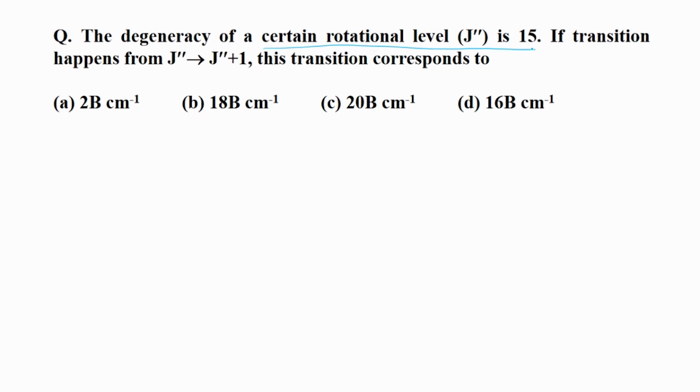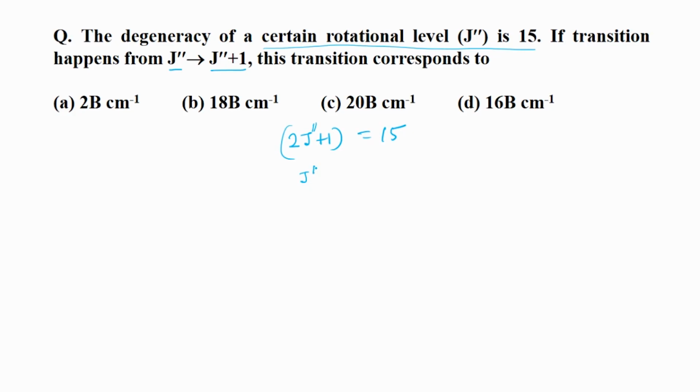So, if a transition happens from j double prime to j double prime plus 1, this transition corresponds to, so we have 4 options, we have to choose one. So, because degeneracy is 15, we can write 2j plus 1 equals 15, and because we are talking about a particular level which is j double prime, we will write 2j double prime plus 1 equals 15.